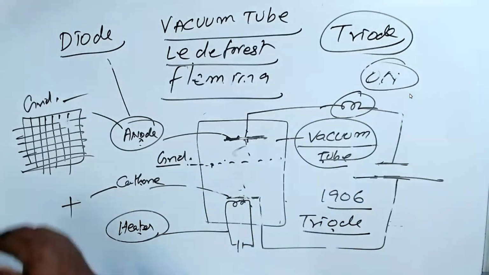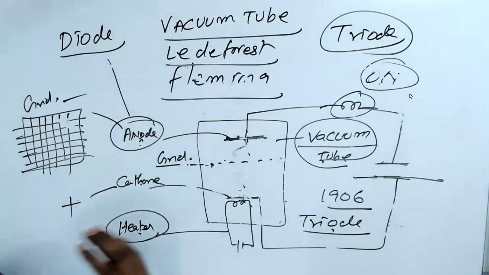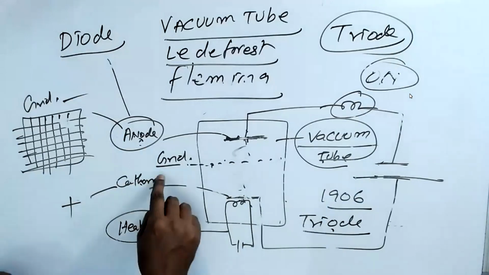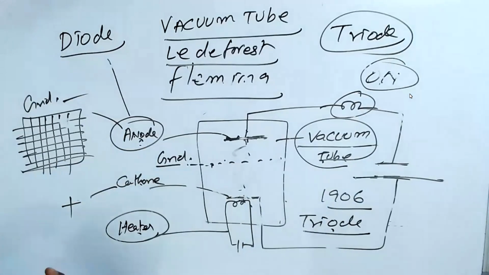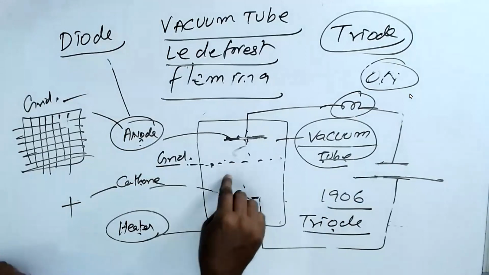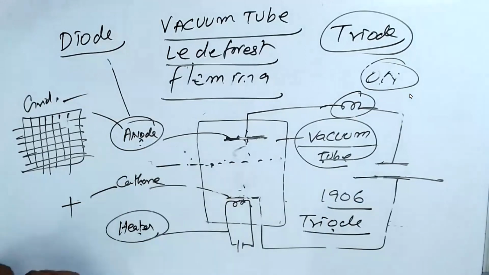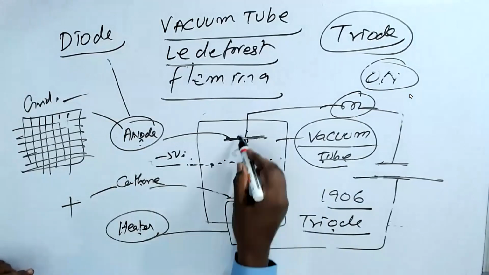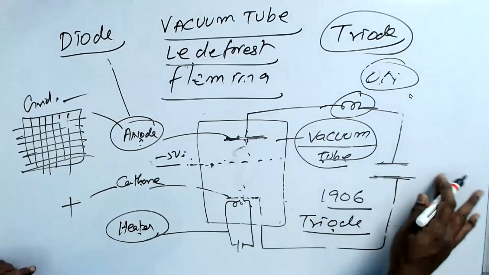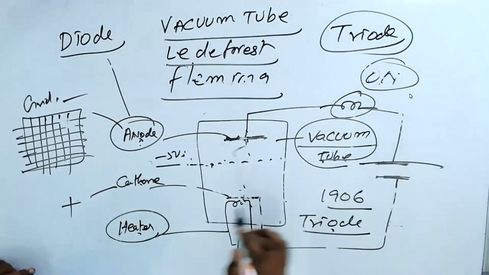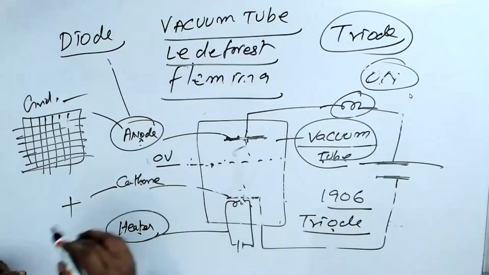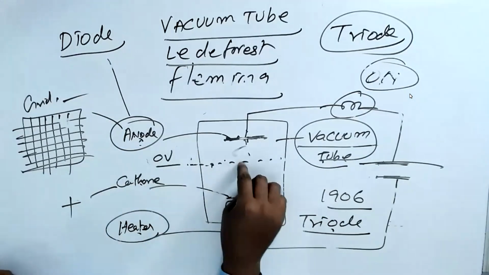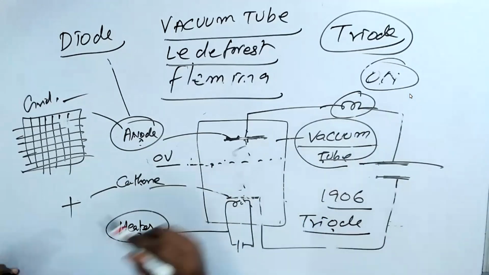Even the diode we use is not considered an electronic component because we don't have control. Control is not there, whereas here there is control. How? If you give minus 5 volt here, this grid never allows the electrons. If you make the grid 0 volt, then there's no effect. All the electrons will flow and the bulb will be on.